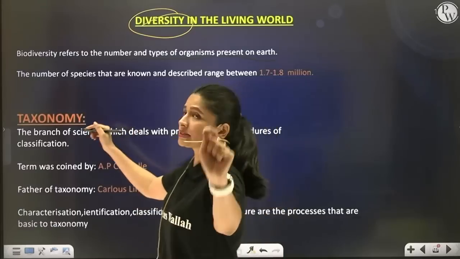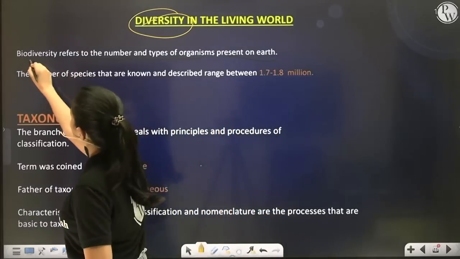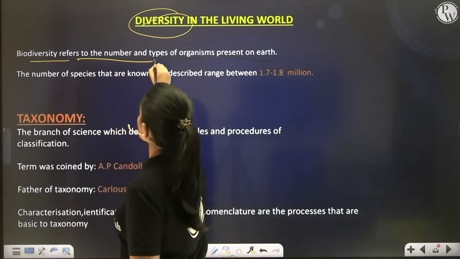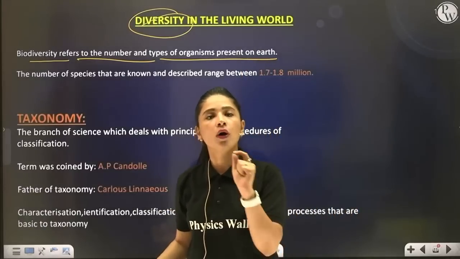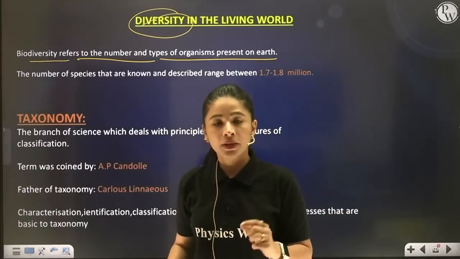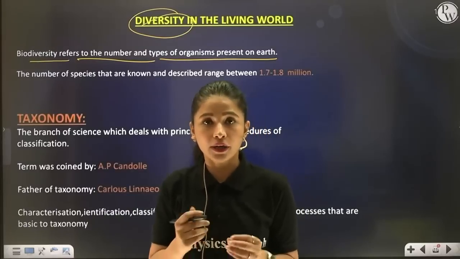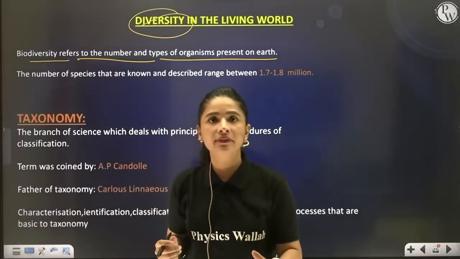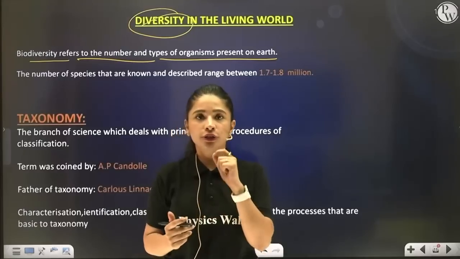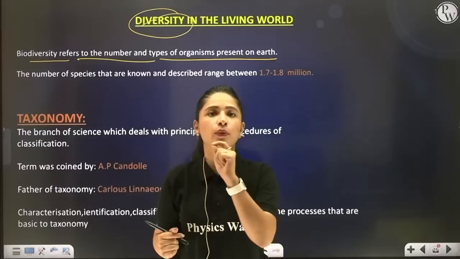What is biodiversity? Once again, biodiversity bachcho refers to the number and types of organisms present on earth. Clear? It has been recorded according to your NCERT. There is some specific value given which is very, very important to remember. Usually NEET asks this question.